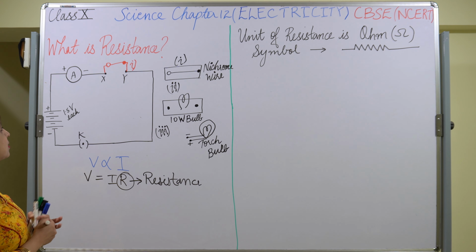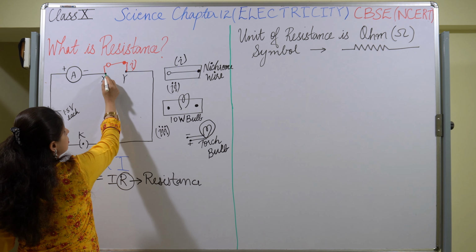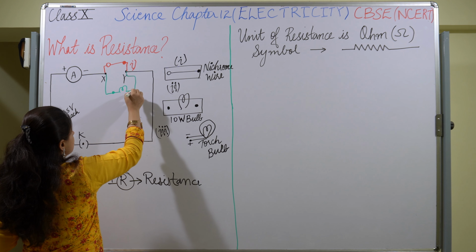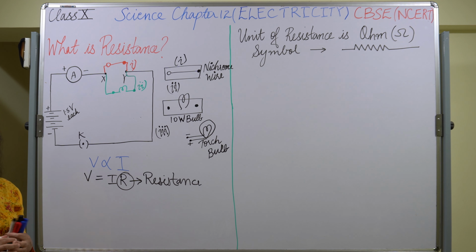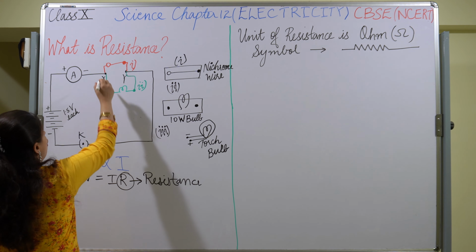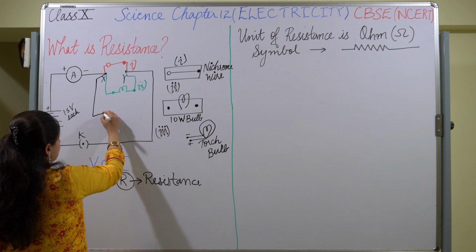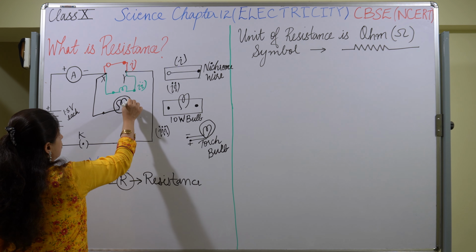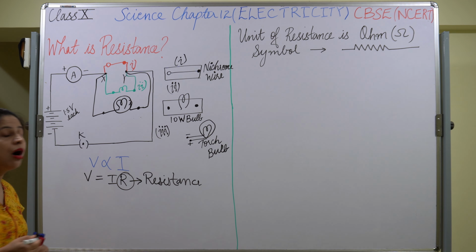Then in the second case, the nichrome wire is removed and a bulb of 100 watts is placed, and the reading in the ammeter is again noted. And in the third case, a torch bulb is placed between the 2 points and the reading is noted in the ammeter.